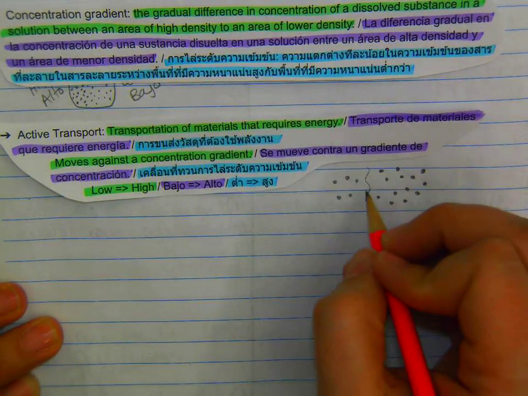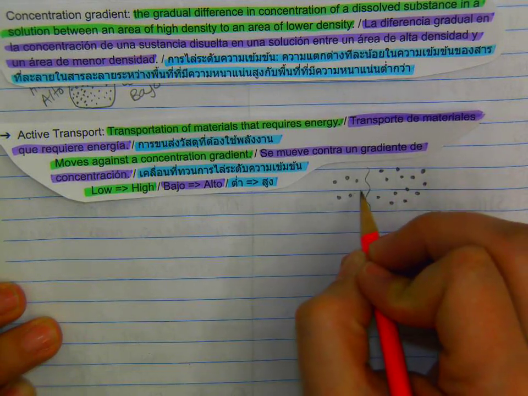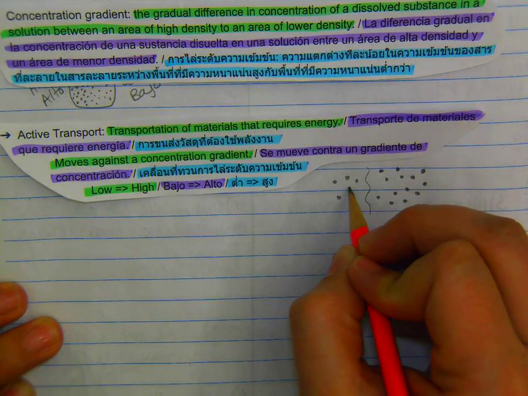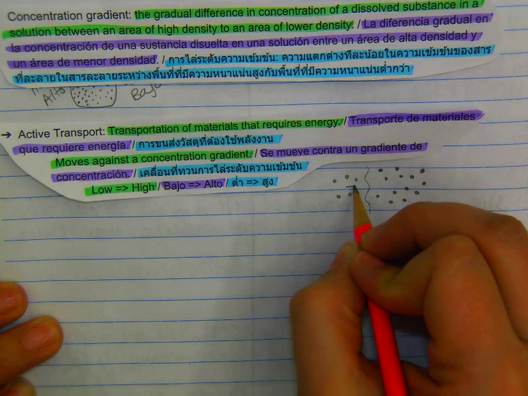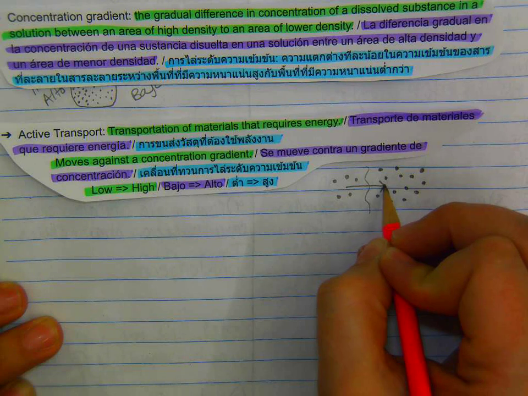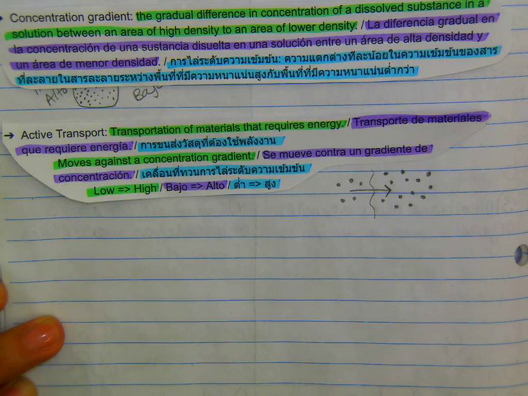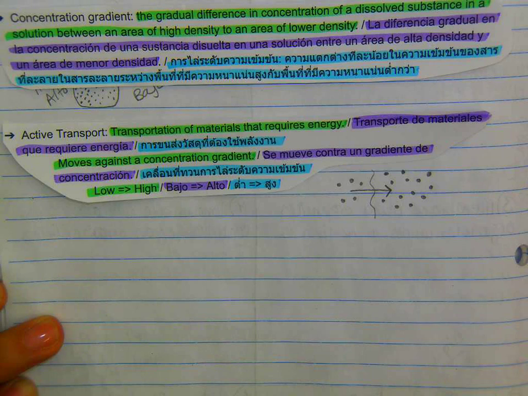They're missing out on the party. They want to actually hang out with their friends. So they use energy to get up off the couch and travel to where all those other people are. Now, not every person likes to actually be around a lot of people, and not every molecule does. So not everything does active transport, but it is one way that cells move things.